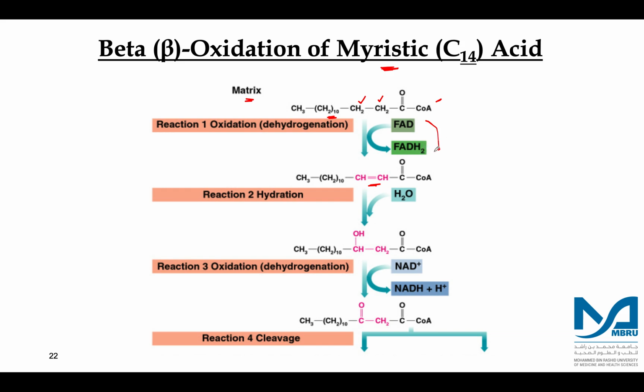The proton that is released is trapped by FAD to form FADH2, and FADH2 goes to the electron transport chain. Then we have the hydration reaction that is occurring, and this is the hydroxyl group that is formed at the beta position. And then in the third reaction we lose another proton from the beta position, and we get a ketone group here, and this particular part will now undergo cleavage so that I can get an acetyl coenzyme A molecule from this particular part.